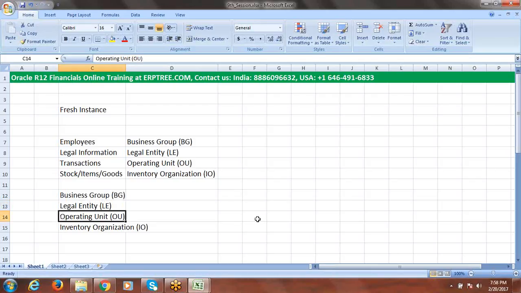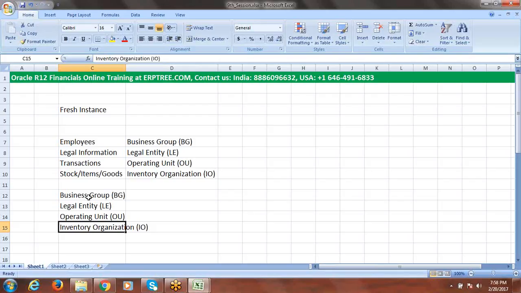When I talk about operating unit, this is the actual place where business takes place, right? The day-to-day business transaction needs to be recorded here. And inventory related, stock related transactions take place within the inventory organization. When you're selling or buying, definitely the information should come to the inventory department. Inventory organization should record all the information in the system.